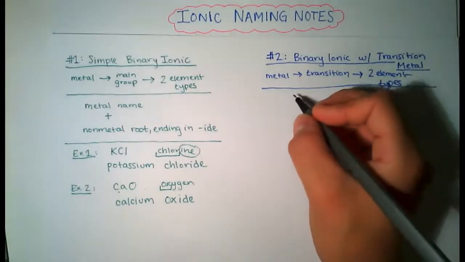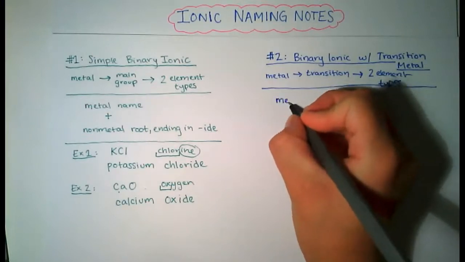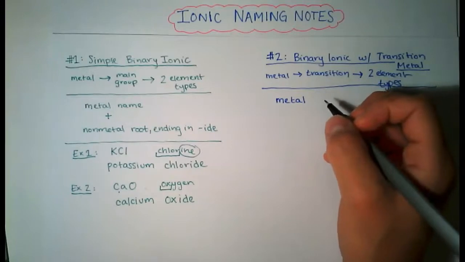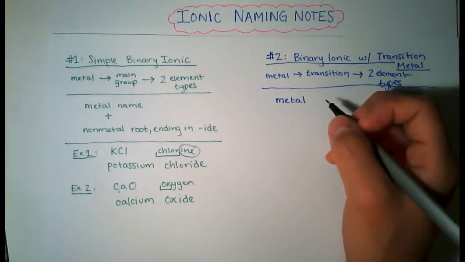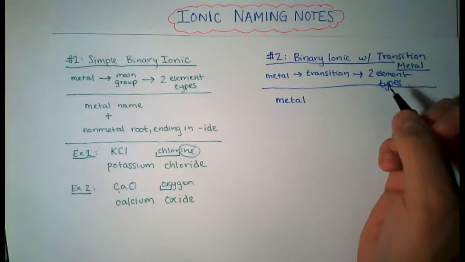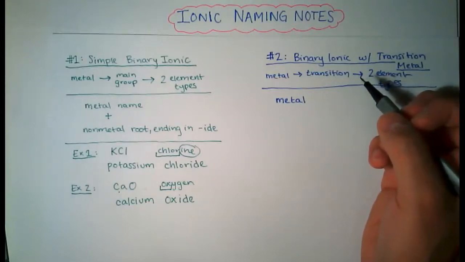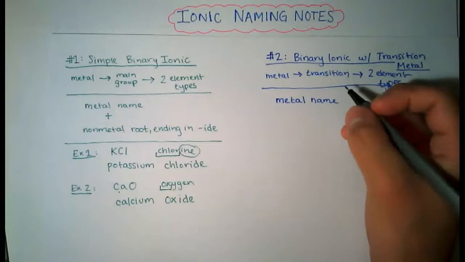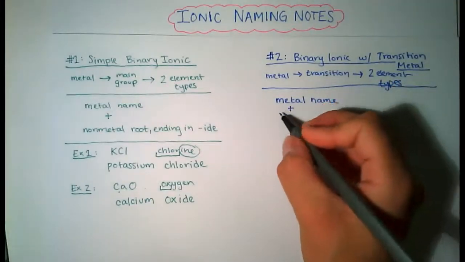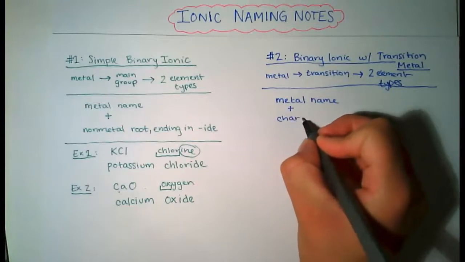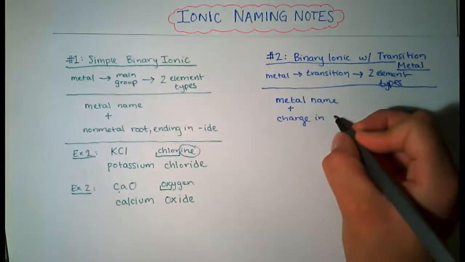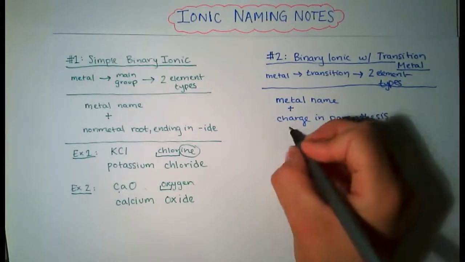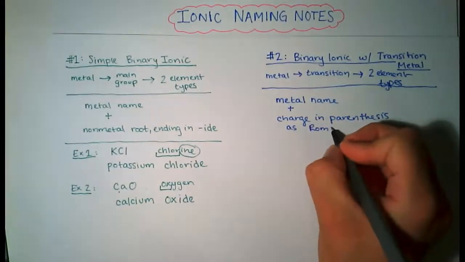And here we still start by taking the metal name, but we also have to indicate what our charge is for transition metals, because they don't always have the same charge. So we're going to take the metal name, and we're going to indicate our charge in parentheses as a Roman numeral.